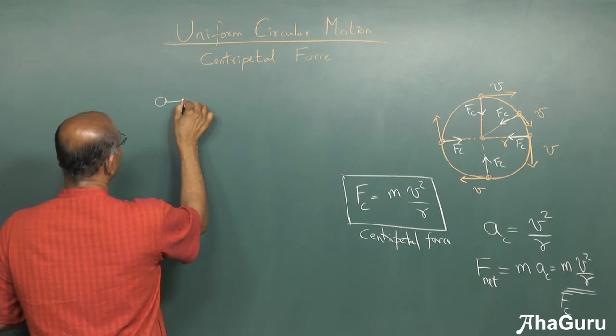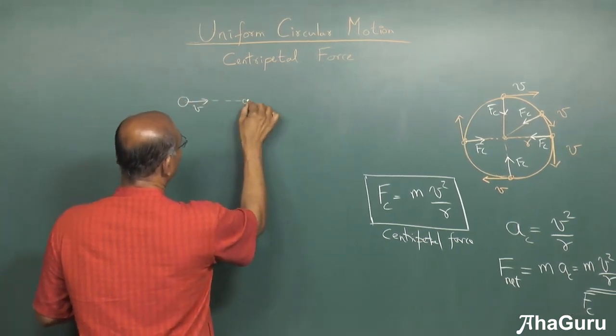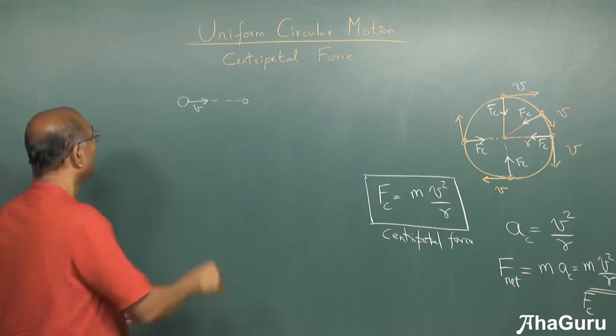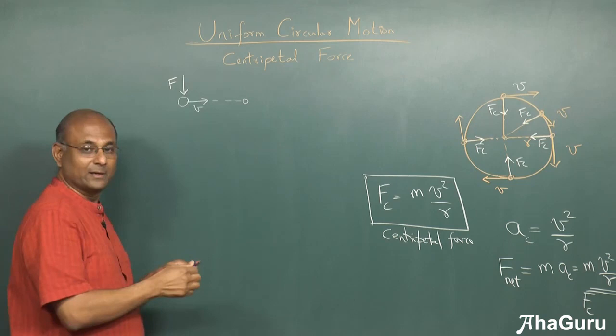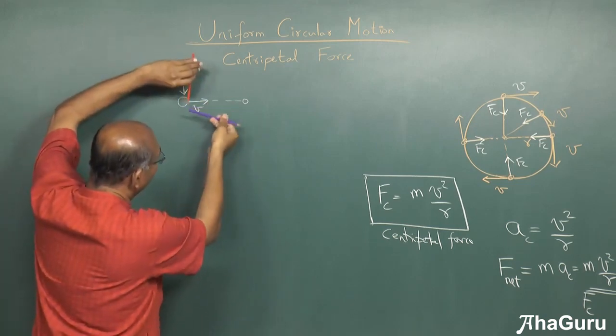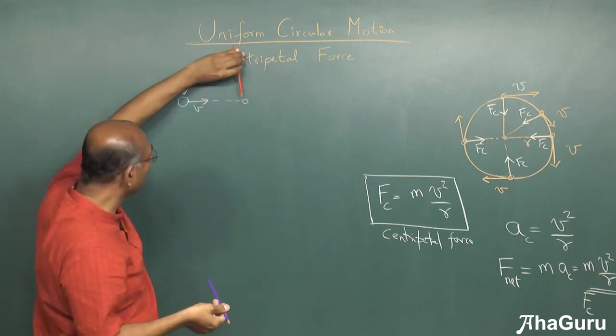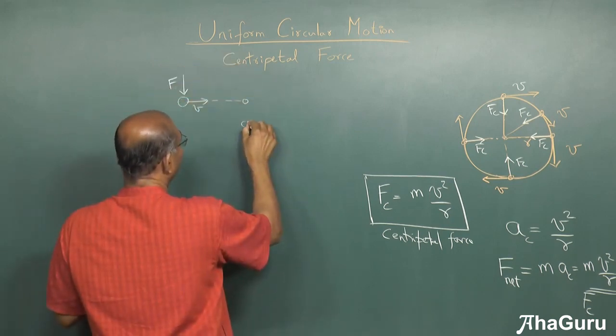Now imagine this object has a velocity v. If there was no force, this object would have gone there. By exerting a force F, what am I doing? This object which should have gone there, I am using this force to bend the velocity. I am also moving it from here to there. So instead of being here, it is going to land up somewhere there.